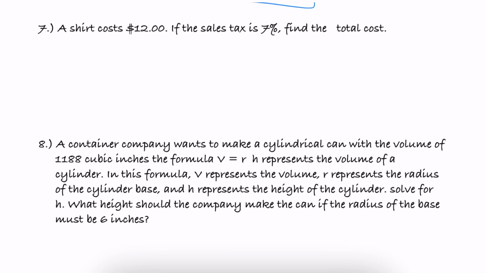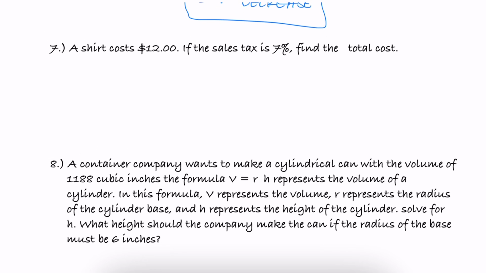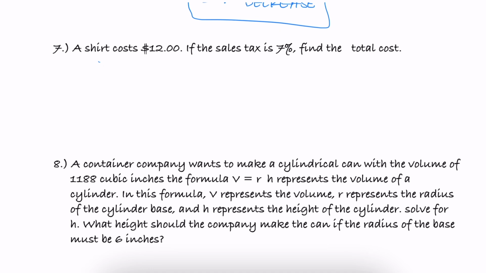Okay. Question 7, we've done questions similar to this in the past as well. If a shirt costs $12 and the sales tax is 7%, find the total cost. You could do it by adding 12 to the sales tax, so it would look like this.